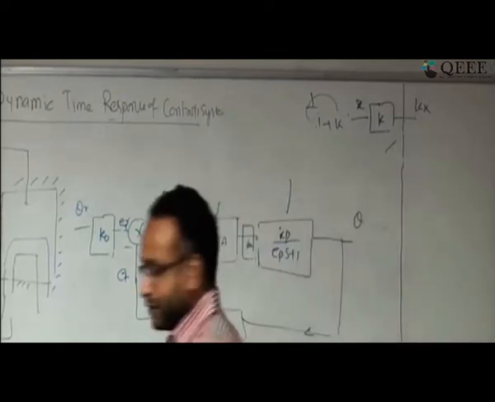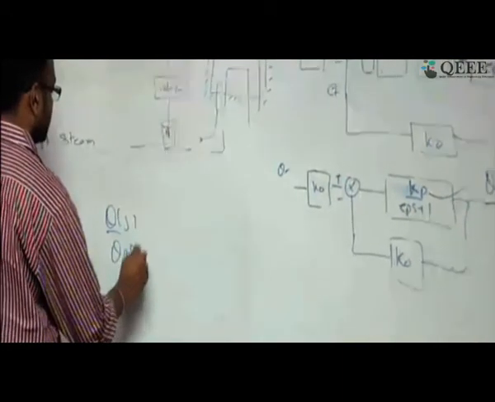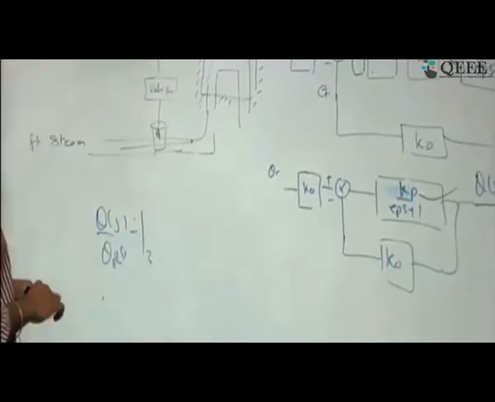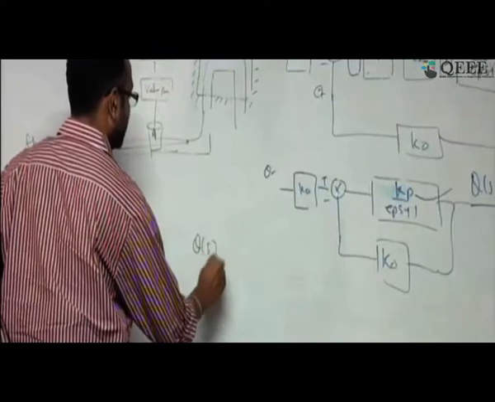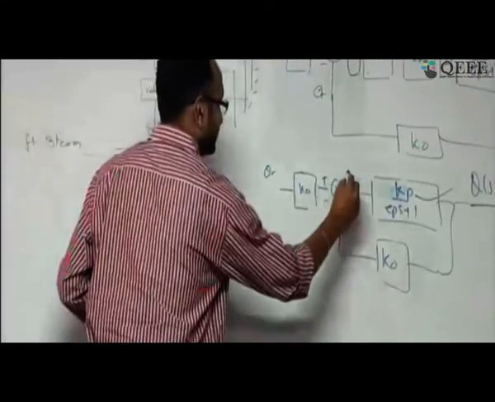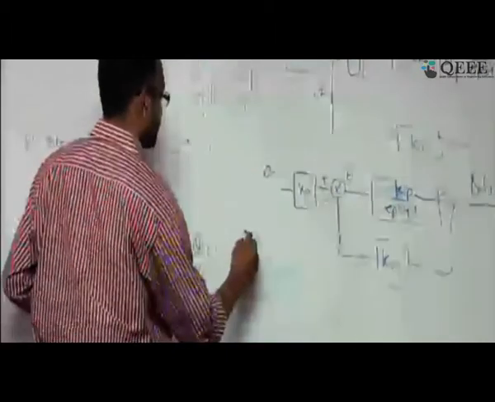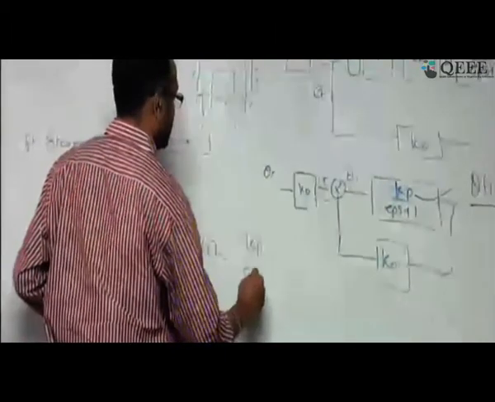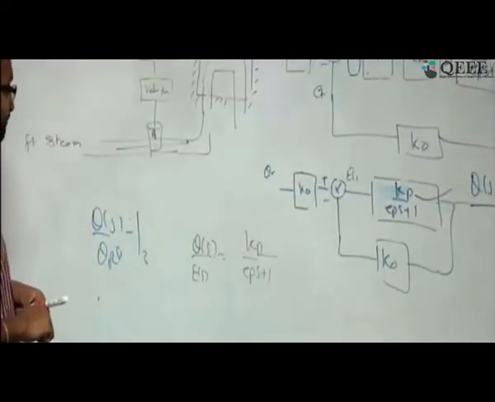Now let us see what is going to be the final response. This is your theta s, so theta s divided by theta r s. I want to know how do I solve it. For that, I can write theta s divided by, let me take this as the error signal, Es, is going to be Kp tau p s plus 1. Is that part clear?